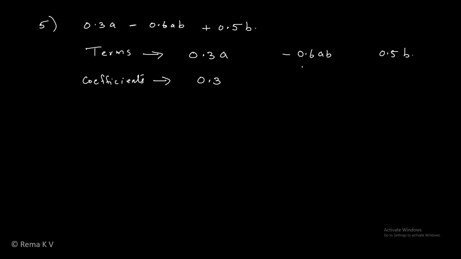For the second term, it is not 3, it is 0.3. It is not equal to 3. See, it is 0.3. Okay, now for this one, what is the numerical part here? It is minus 0.6. And what about this? Coefficient of the third term, it is 0.5.